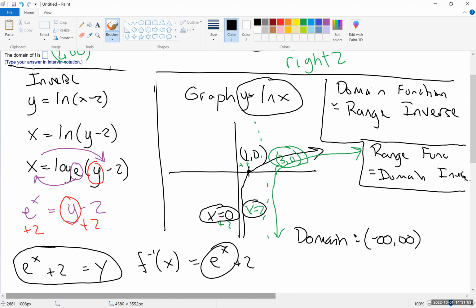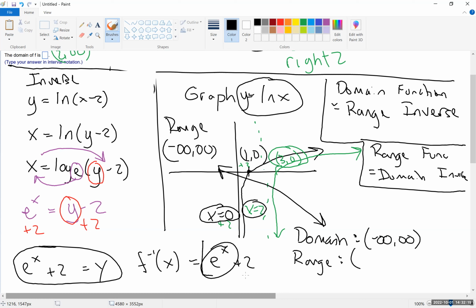So because we already knew the range from the graph, the range of the function was negative infinity to infinity. The domain of the inverse will be the same. Okay, so now we can talk about, well, what's the range of the inverse?